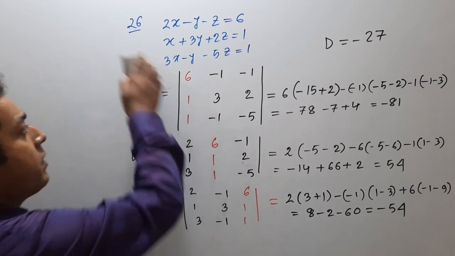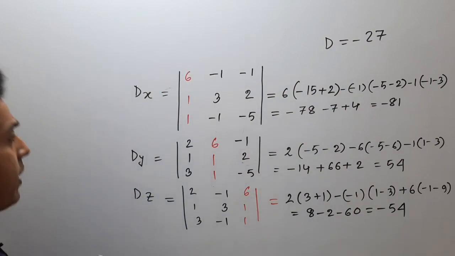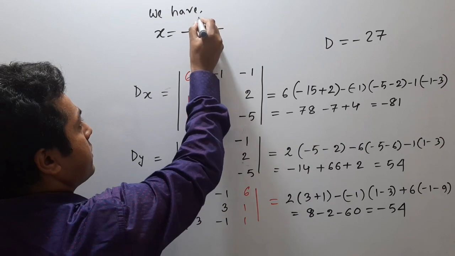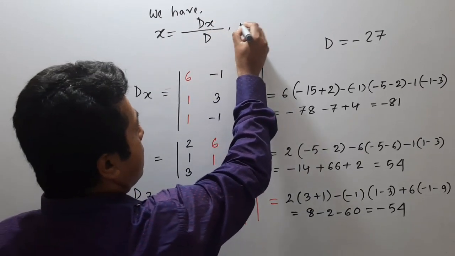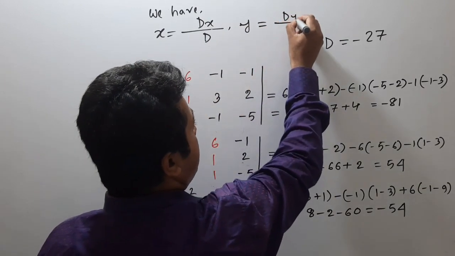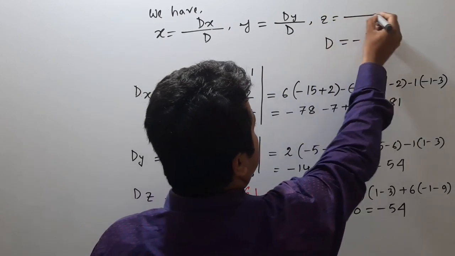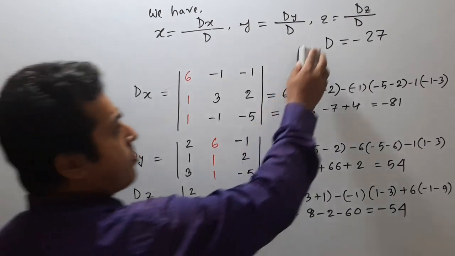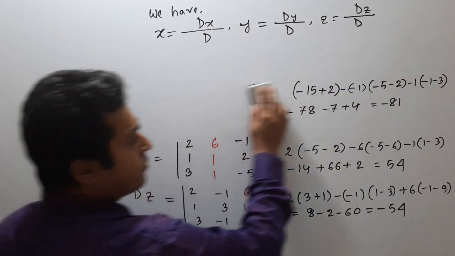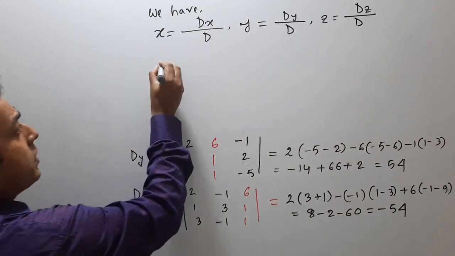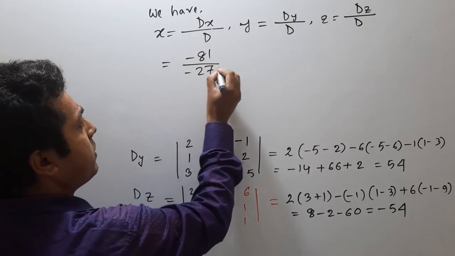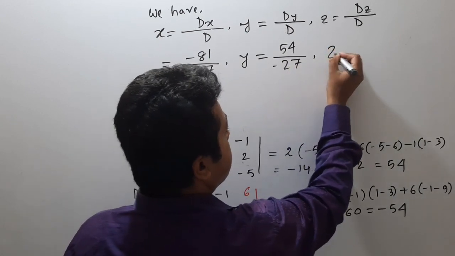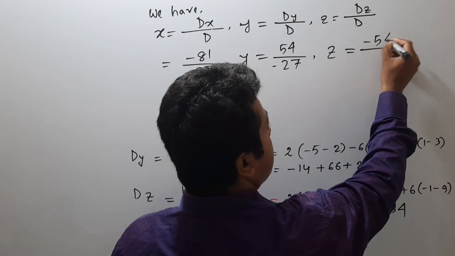Now we want to find the values of x, y, z. By Cramer's rule, x is equal to Dx divided by D, y is equal to Dy divided by D, and z is equal to Dz divided by D. So x is minus 81 divided by minus 27, y is 54 divided by minus 27, and z is minus 54 divided by minus 27.